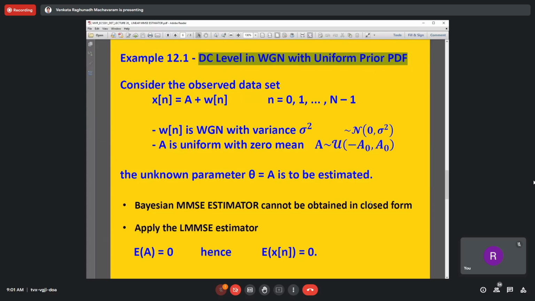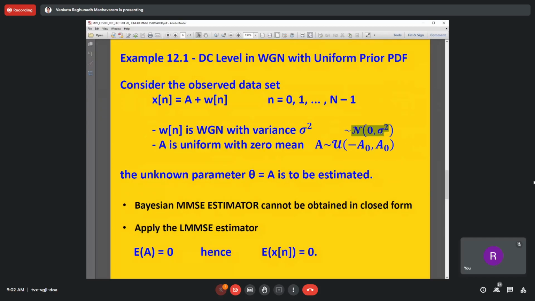Okay, so take the example of DC level in white Gaussian noise with a uniform PDF. That means the parameter will have a uniform density function. So the observed data is x of n equals A plus wn. So wn is white Gaussian noise, assumed to be normal with zero mean and variance sigma w square.